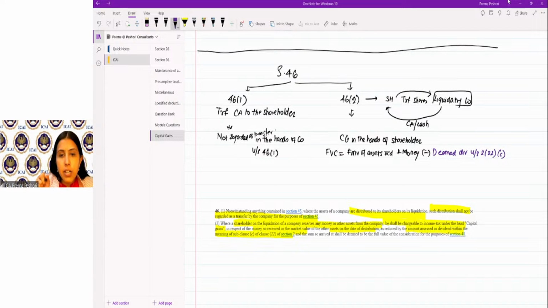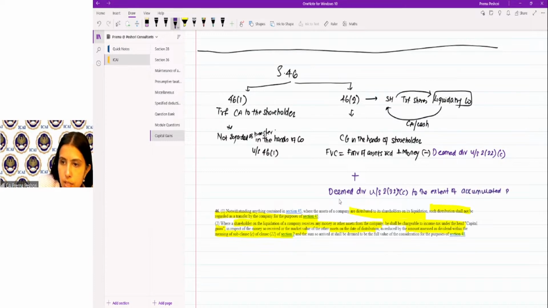So if I'm taxing it under 222C, I will reduce it under the capital gain so that there is no double taxation. Are we clear? So there is 46(2) here plus deemed dividend under section 222C to the extent of accumulated profits, and therefore I'm reducing here. Are we clear?